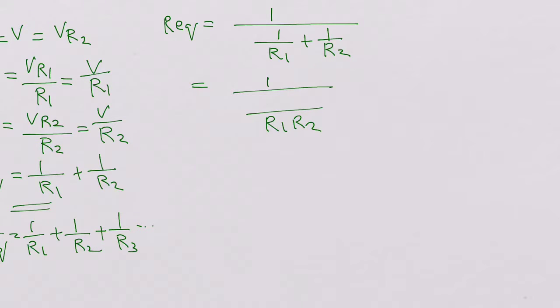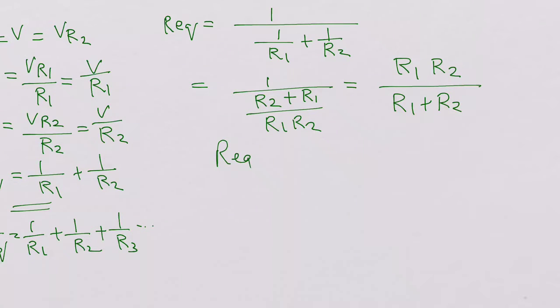So R equivalent is R1 R2 divided by R1 plus R2.